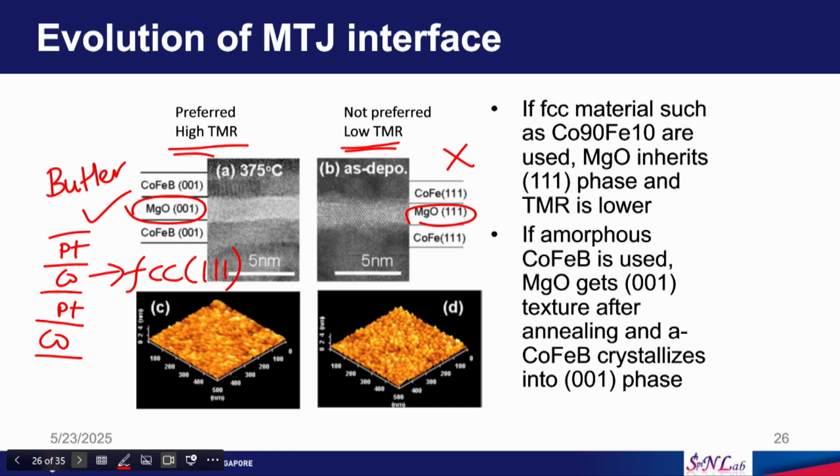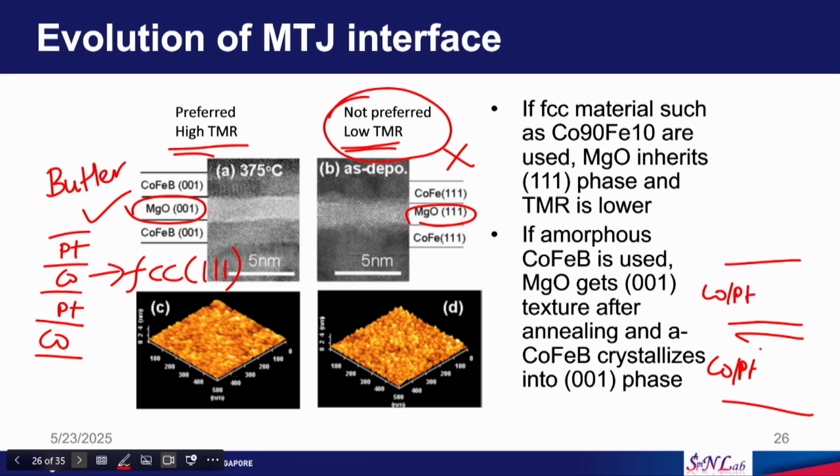So, this FCC 111 is not preferred, okay, because it will give rise to low TMR. So, if you remember a few days ago I showed you the whole stack of MRAM. So, there is a cobalt platinum at the bottom, there is a cobalt platinum at the top, and this was the synthetic antiferromagnetic structure. Then on top of this we have magnesium oxide and the free layer.